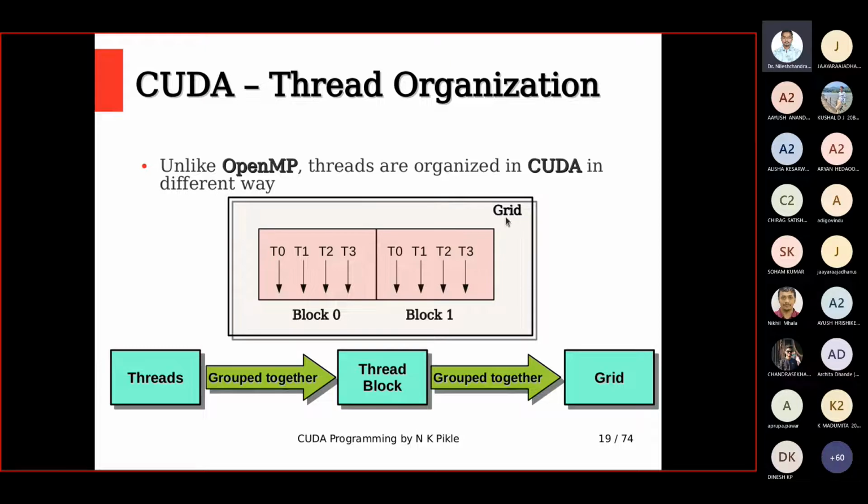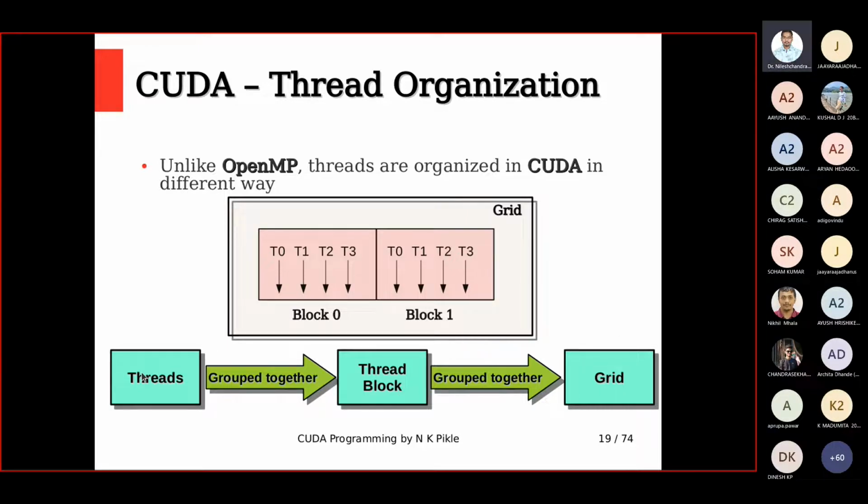We are having a grid which is having 2 blocks, and we are having a block which is having 4 threads, or 4 threads are grouped together to form a block, and 2 blocks are grouped together to form a grid. This is how your threads are organized in case of CUDA programming, right? Now these are the first two statements. Threads are grouped together to form a block, and blocks are grouped together to form a grid.